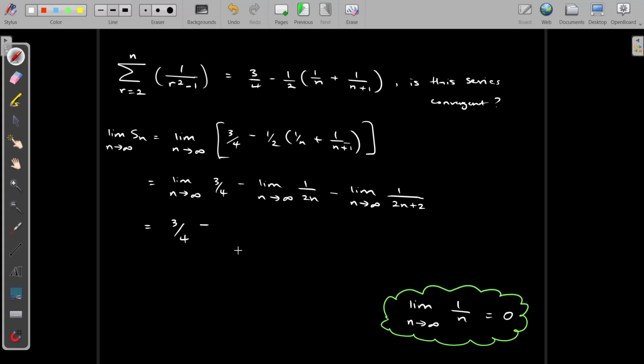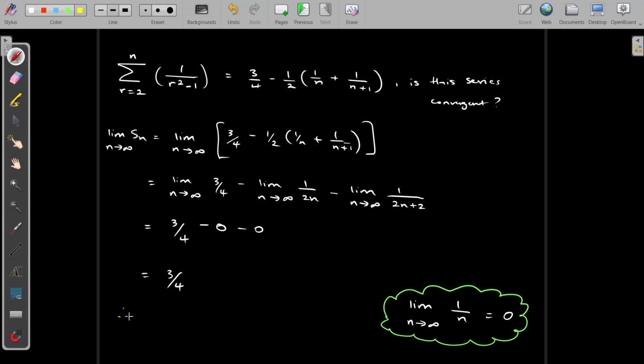So this is just 0, and the same thing here, 1 over infinity, 0. So this is just 3 over 4. And we said that if we take the limit to infinity and we actually get a result, then we can say that the series converges to this particular value.